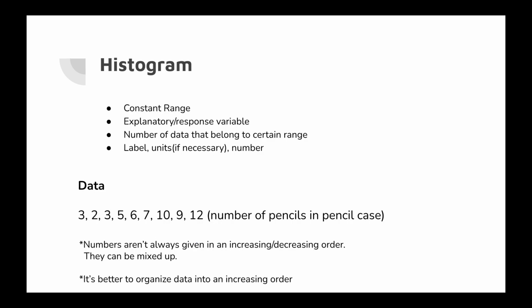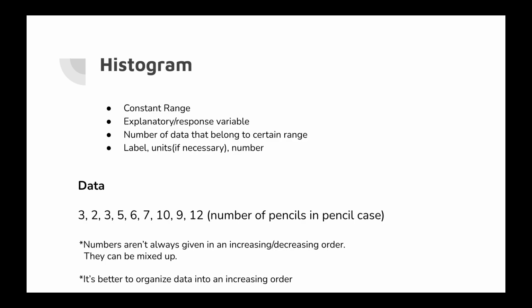So I put all the necessary components here with new sample data. This set of data represents the number of pencils in a pencil case, and each number represents one student.